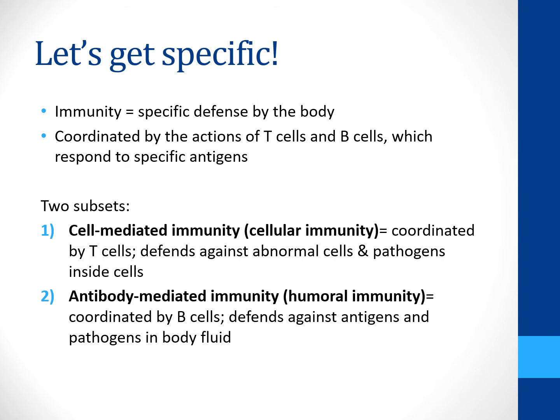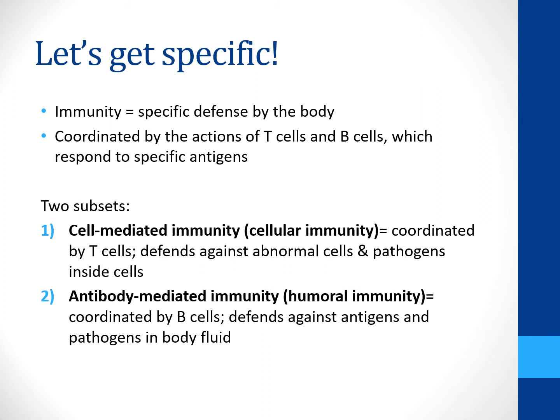So everything we just talked about with the inflammation, fever, complement, natural killer cells, all of those things are non-specific defenses. Now we're going to talk about specific or adaptive immunity. Specific immunity is coordinated by T cells and B cells in response to specific antigens.